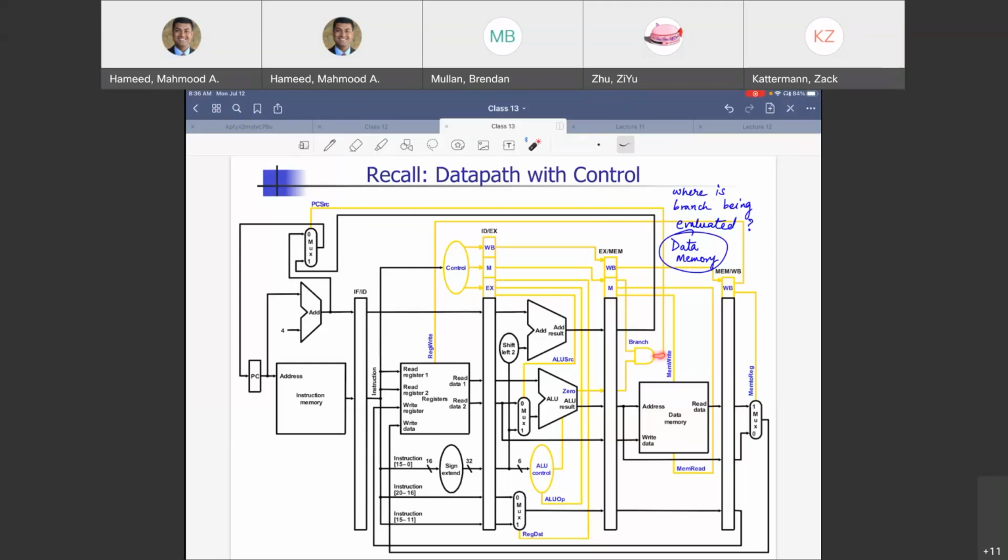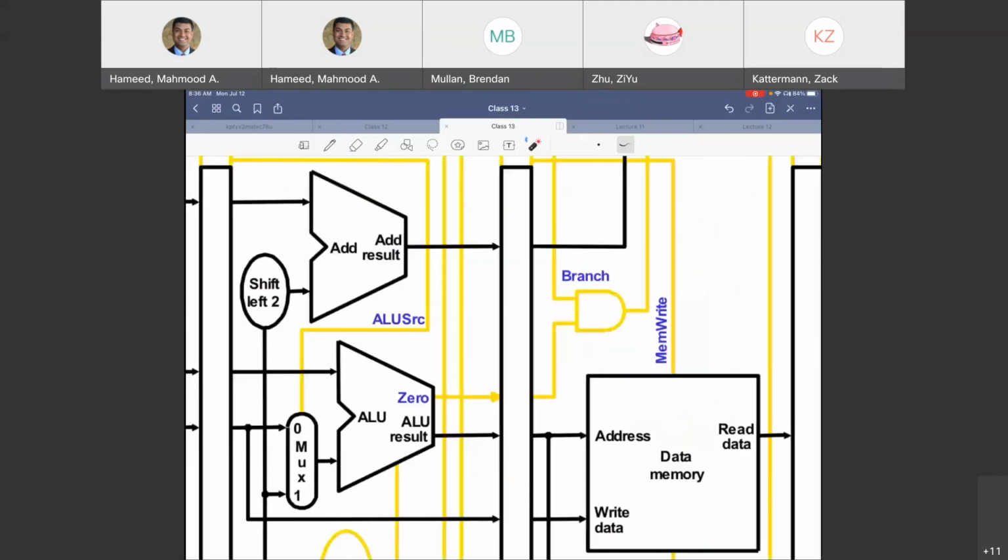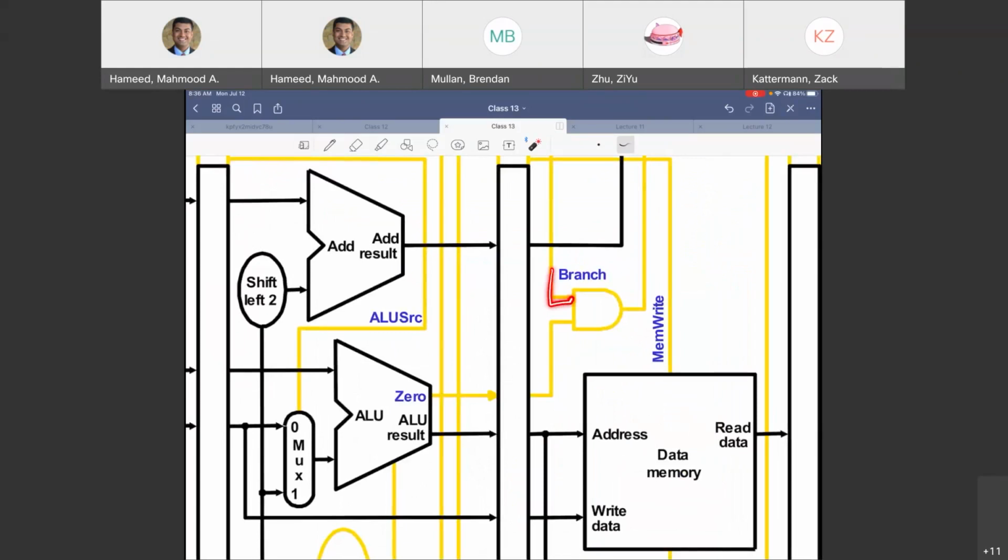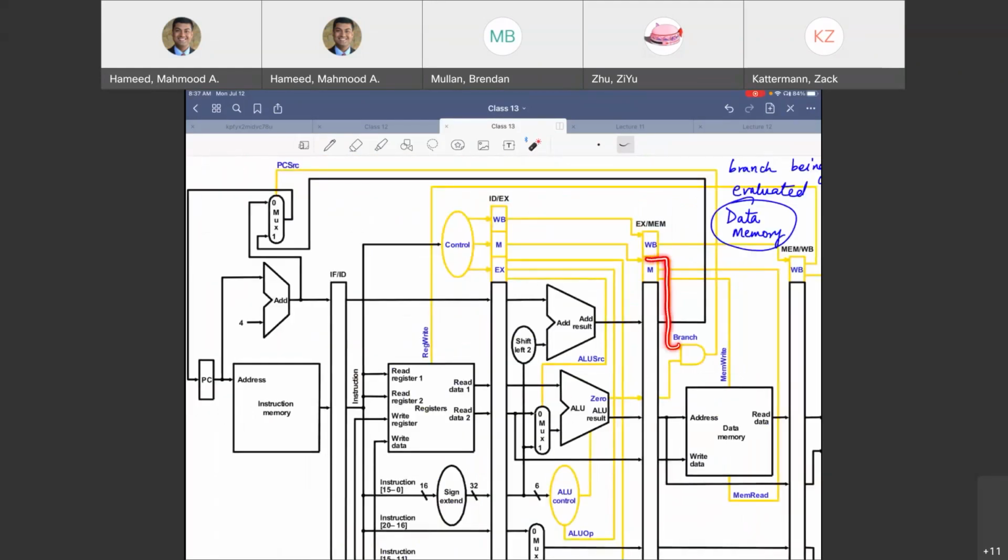So for that, two things have to happen. The branch control signal has to be a 1. You already had that information from earlier, because the moment you decoded it, you knew whether you are branching or not.